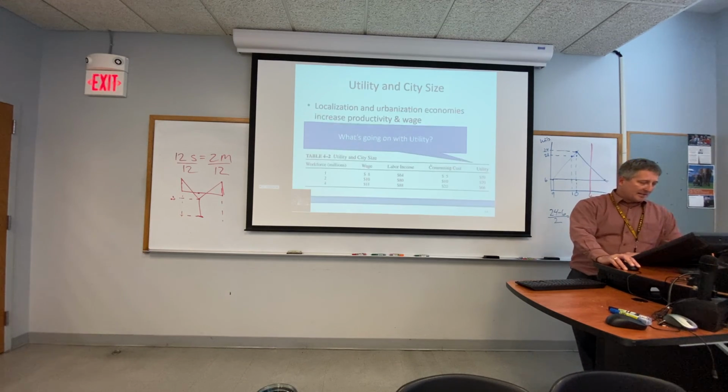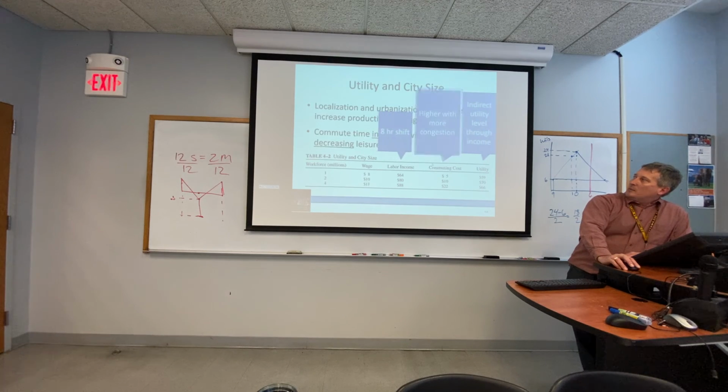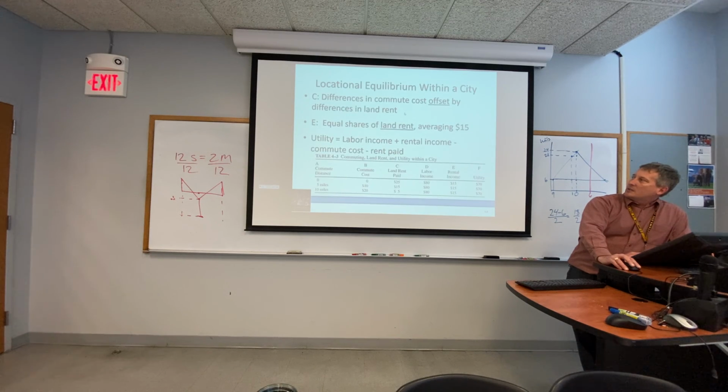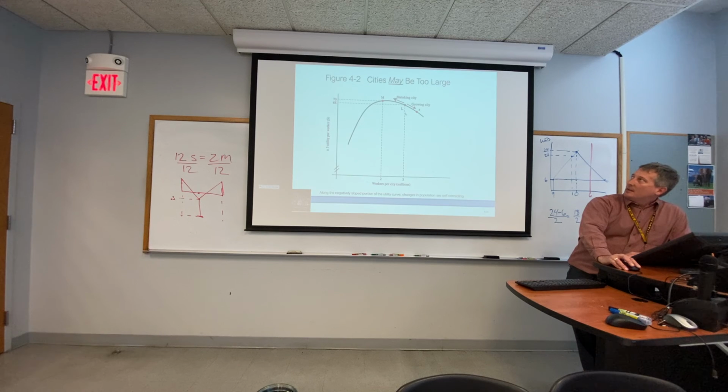Oh, this is important with the utility curve. So measuring utility, turn it into dollars, city size. Utility eventually goes down due to congestion. So shrinking or growing, utility goes up, less congestion. If you're growing, it gets worse. So it's possible for cities to be larger.